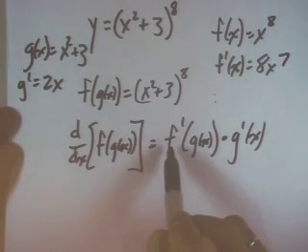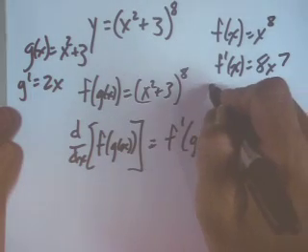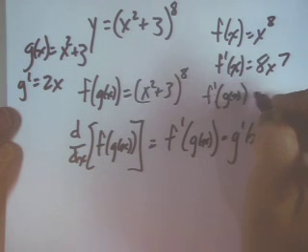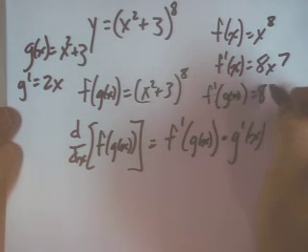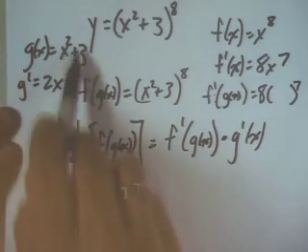But we don't need just the derivative of f, we need the derivative of f evaluated at g. So let's get the derivative of f composed of the g function, in other words. So we have 8 times whatever g is, raised to the 7th. Well, g, remember, was x squared plus 3.